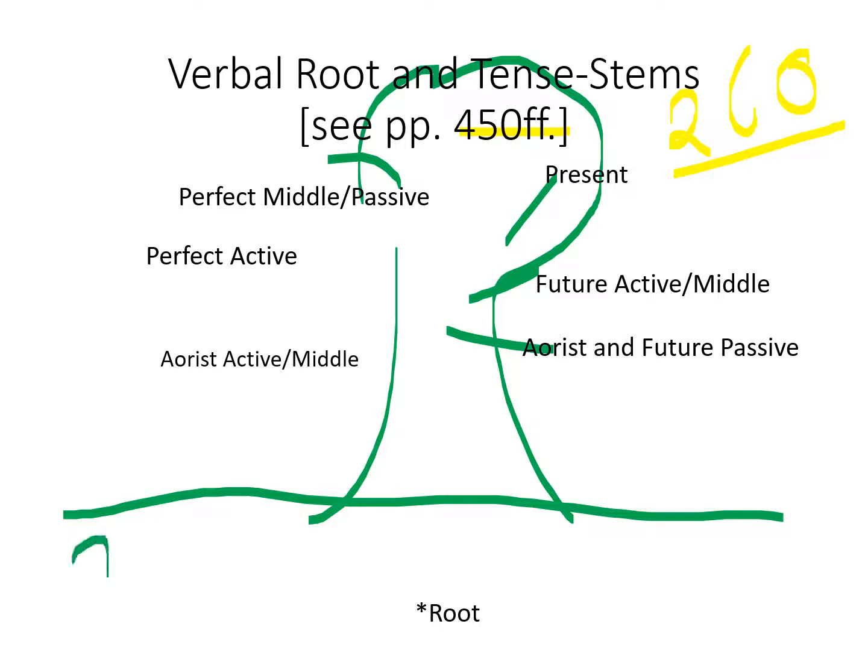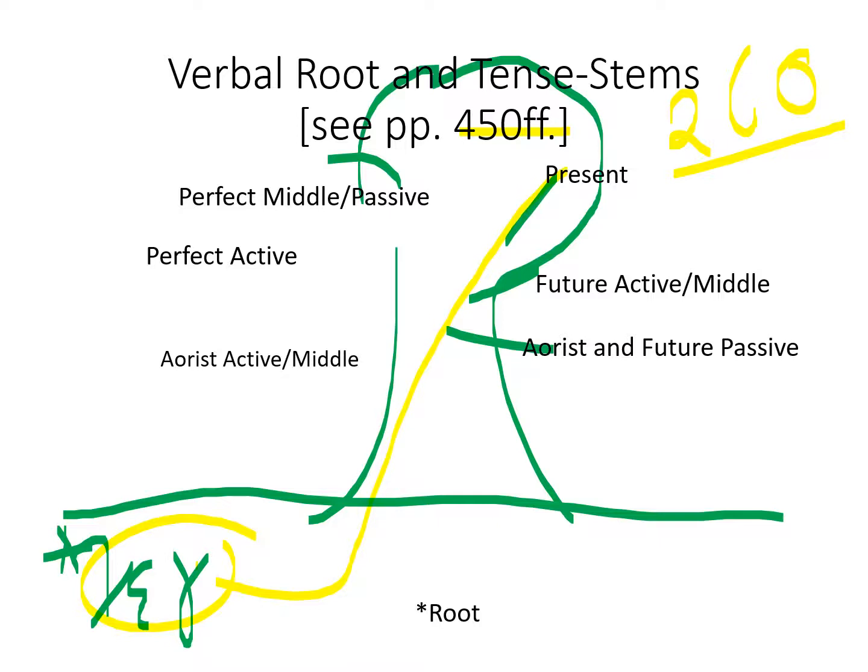One is lego. So we have leg, and that stem for I say or speak is taken up by the present here. But you'll notice if you move over, we have eir, that first letter, that upsilon looking letter here.